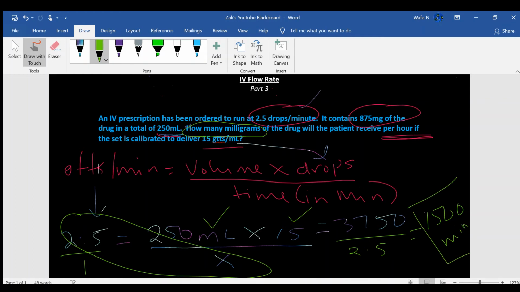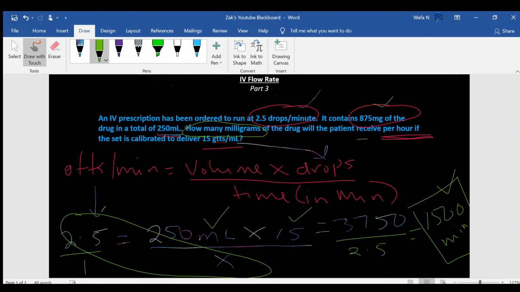So 1,500 minutes is not the answer that we are looking for, because the question says how many milligrams of the drug will the patient receive per hour. So the patient is receiving 875 milligrams of the drug per 1,500 minutes.